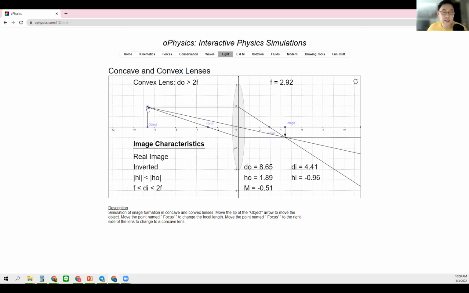Just have that as your reference, or at least a simulation you can play around with to get yourself used to the whole setting. With that, now let's get back to our handout.